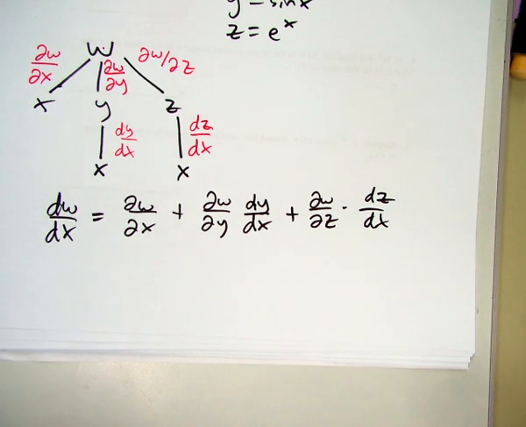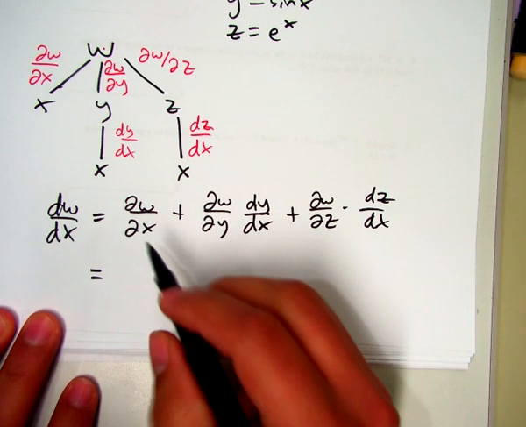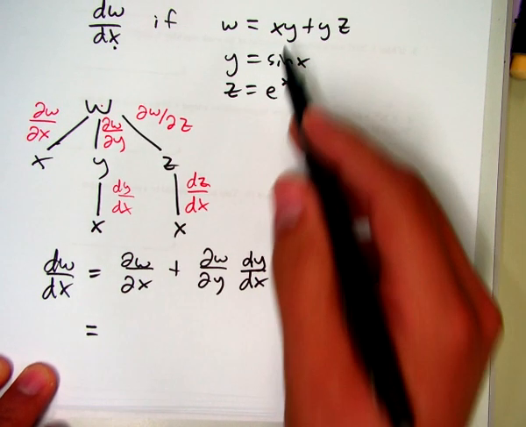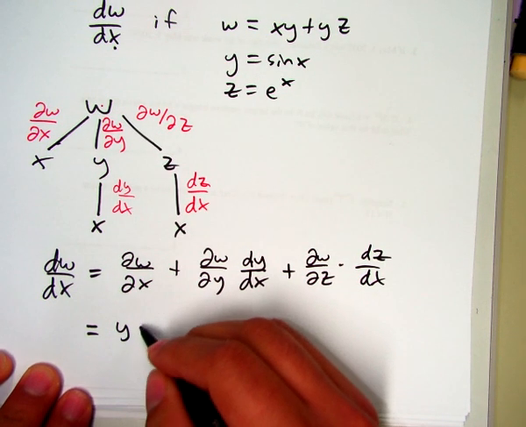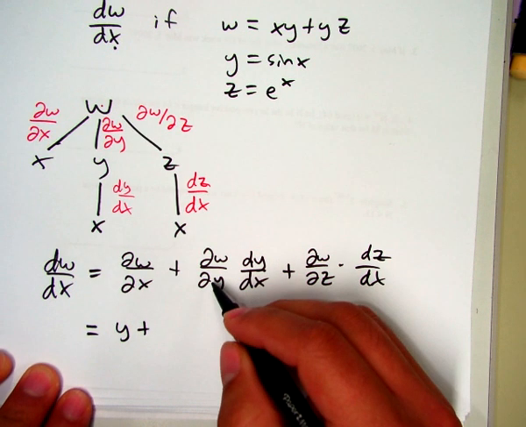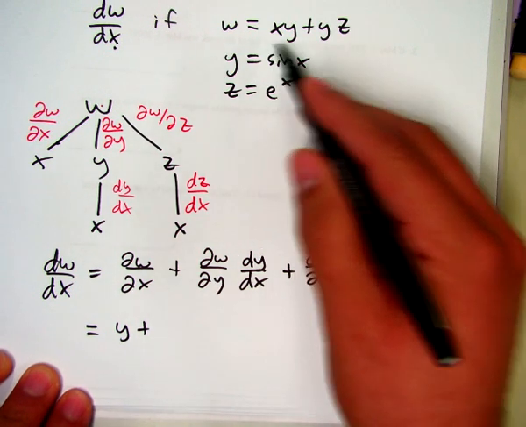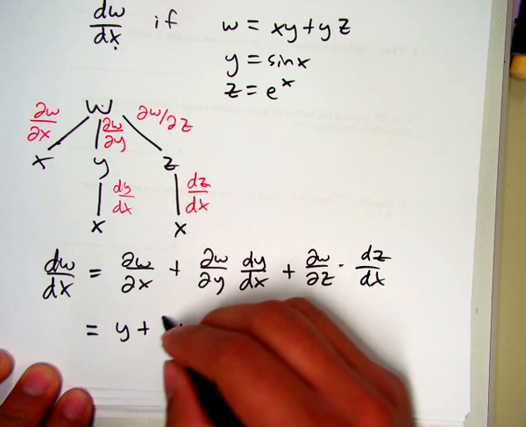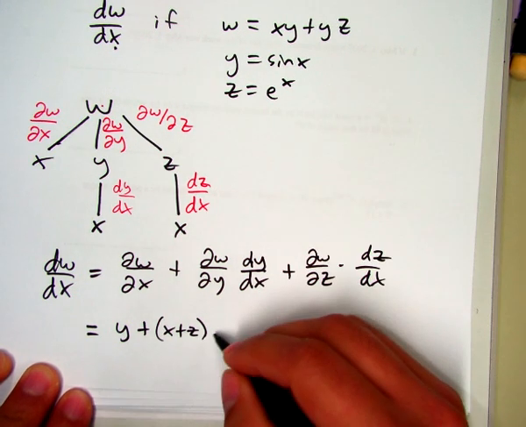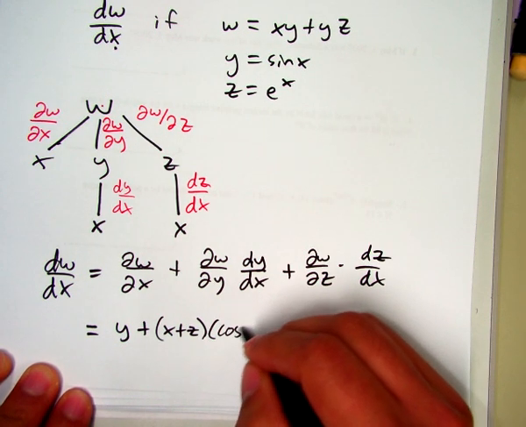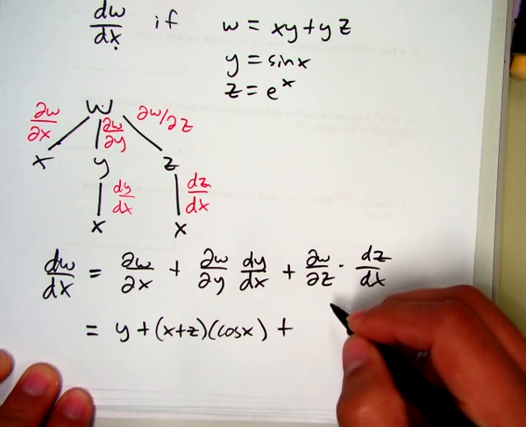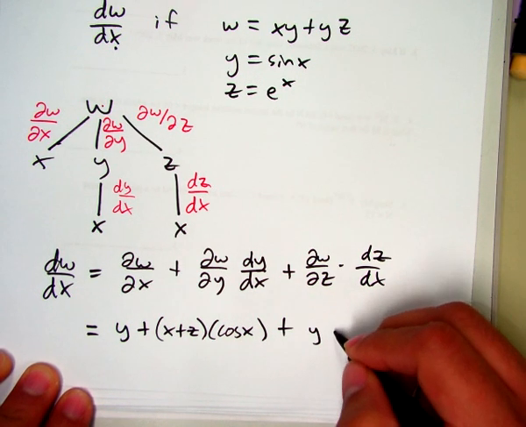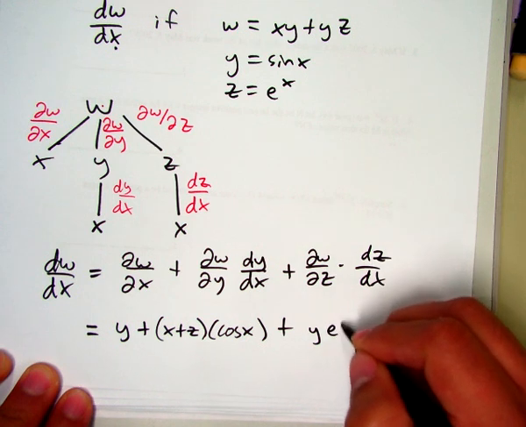Now we just find them. So partial w, partial x would be just y, plus partial w, partial y is going to be x plus z, times dy dx, cosine x, plus partial w, partial z, well that's going to be y, and then dz dx is e to the x.